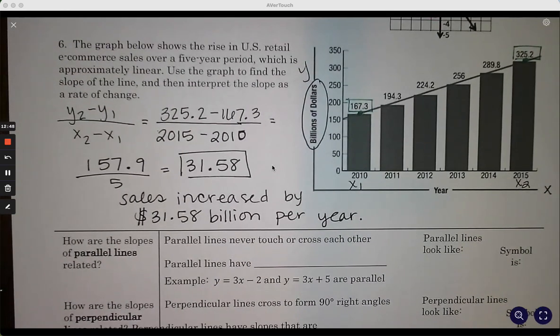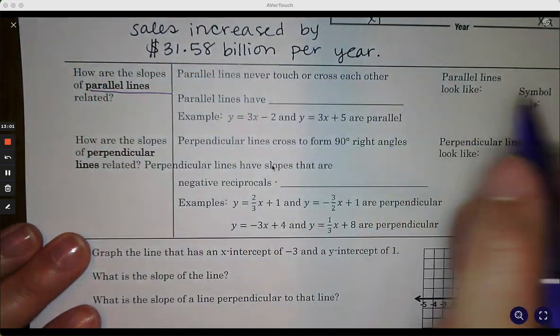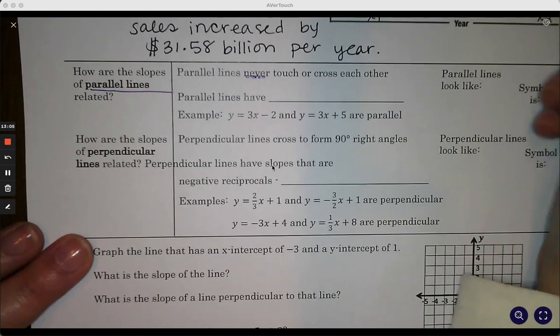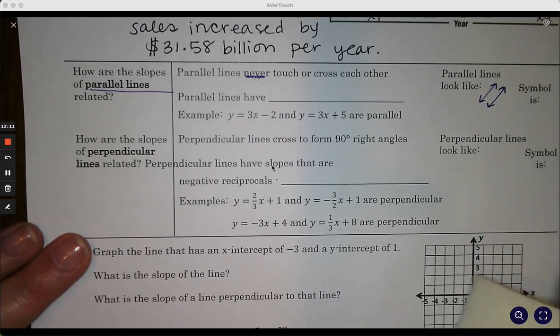And the last super important thing that we get to talk about is this idea of parallel and perpendicular lines. Parallel lines never touch or cross. So they look like this. Railroad tracks.